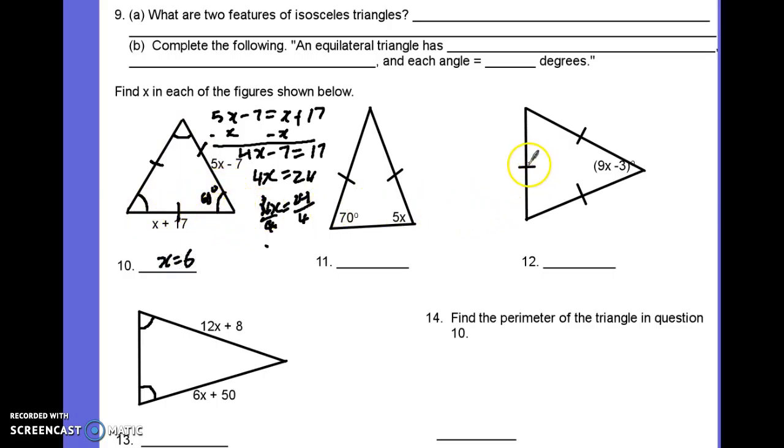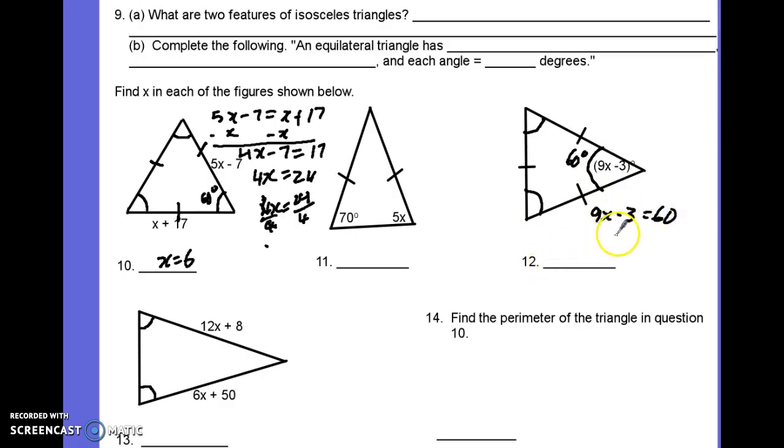And let's go to this one, number 12. This one is also equilateral. The three sides are the same. So therefore, the three angles have to be the same. What would be the measure of each angle? If they are the same and they add up to 180, each one would have to be 60 degrees. Indeed. So, what's the setup? 9x minus 3 equals 60.